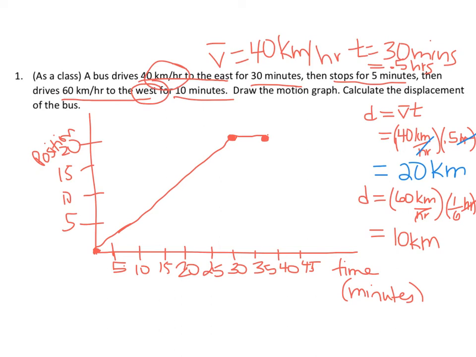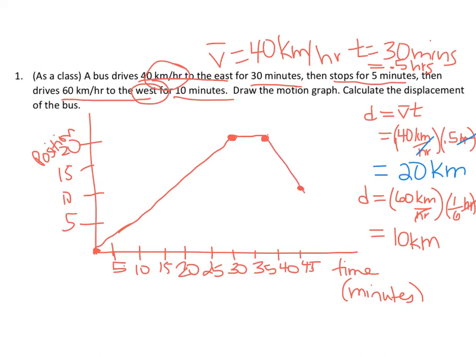So what I'm going to do now is 10 minutes after the bus had finished stopping is going to be at 45. And then I'm going to draw a point at 45. And because I was at 20 kilometers away from where I started, but I turned around and came back in the direction that I started from, I'm actually going to be 10 kilometers away from where I started.